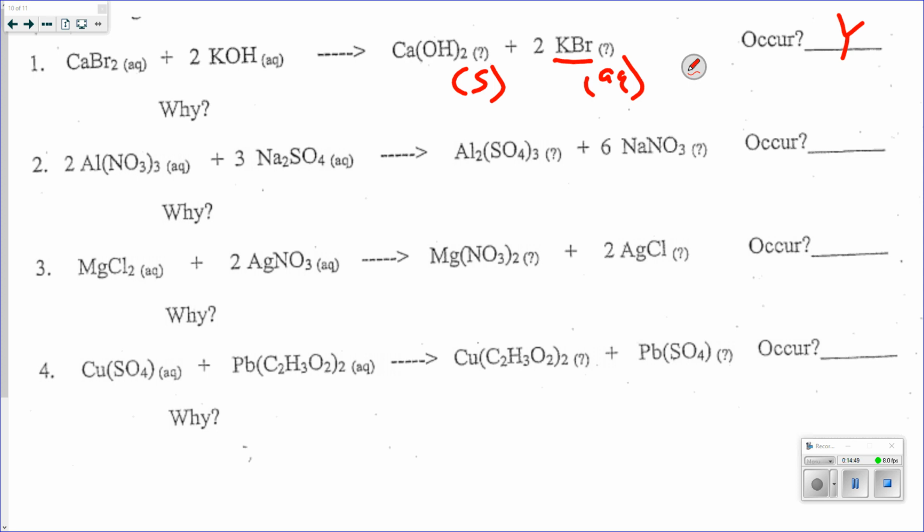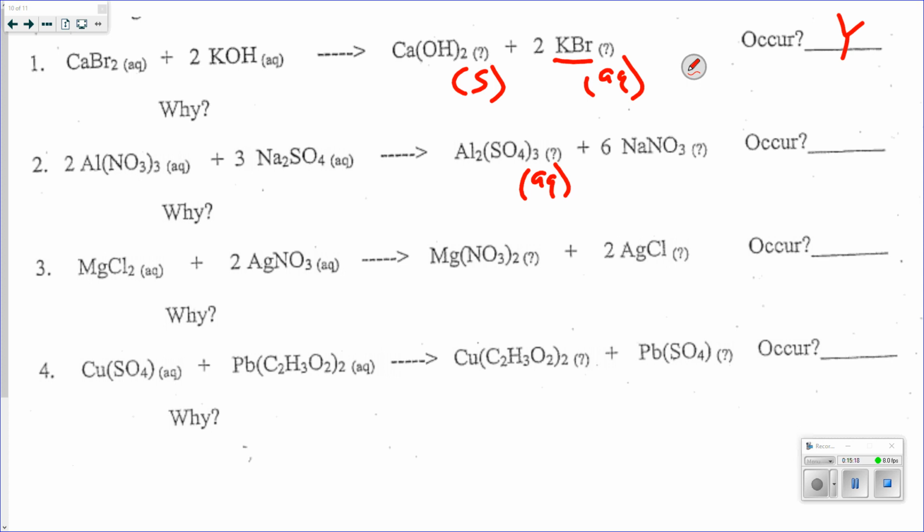Let's look at the second one. Aluminum sulfate. Does that create a solid? Look at your highlight. Aluminum sulfate. Seeing people shake their head no, that means aluminum sulfate would be a solution. Again, if it's not one of your highlighted boxes, that is soluble.